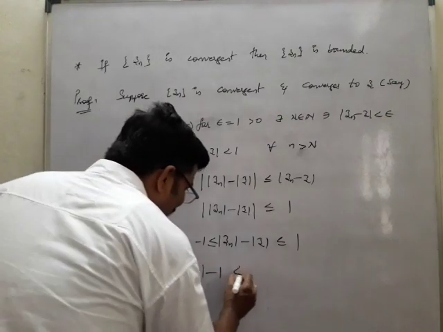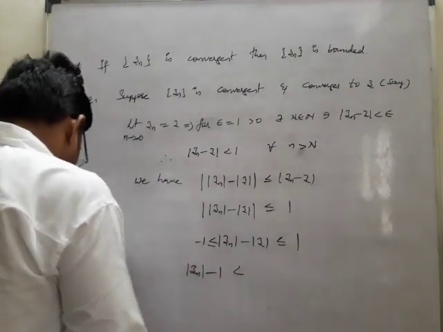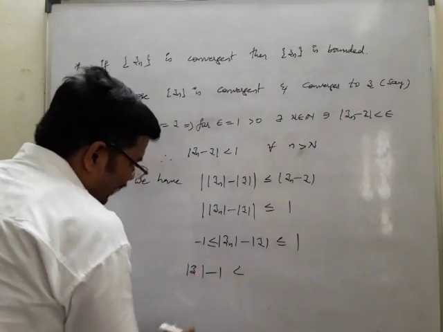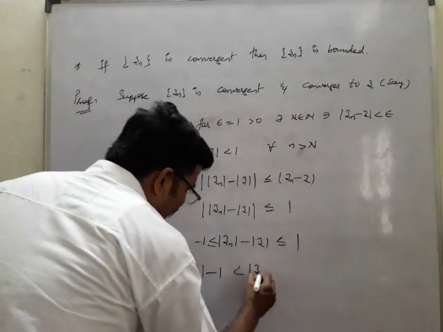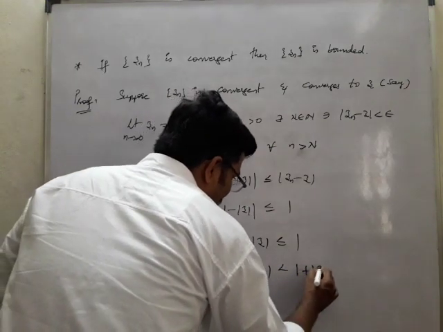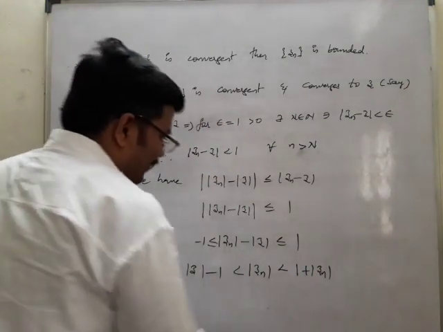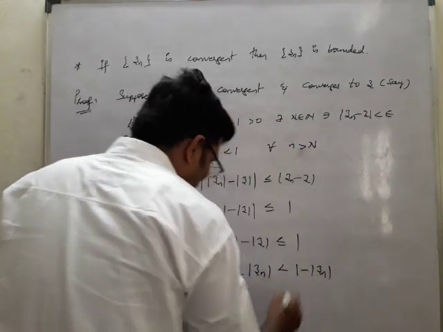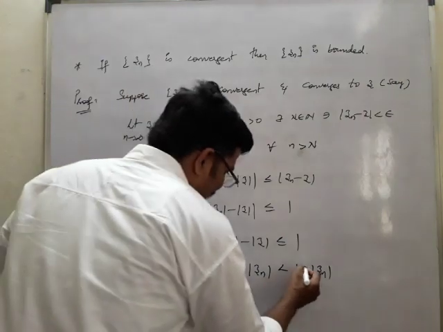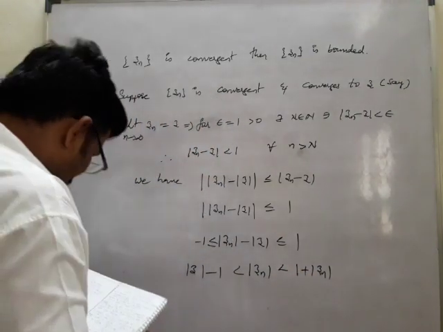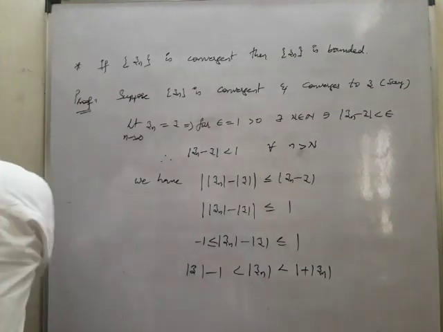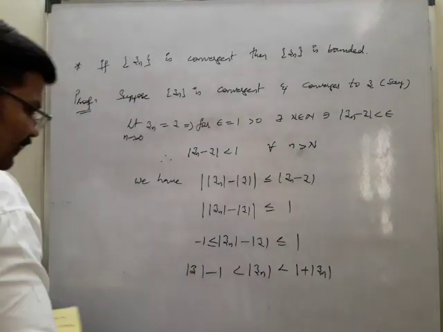Mod Z minus 1 is less than mod Zn, which is less than 1 plus mod Z, like this. We will write it in a different way.